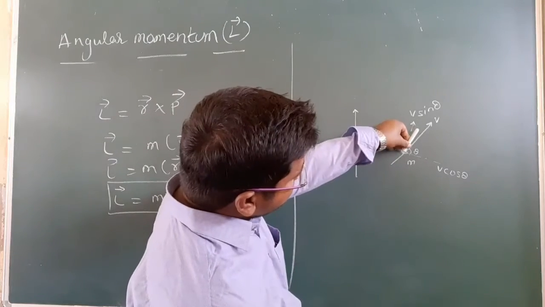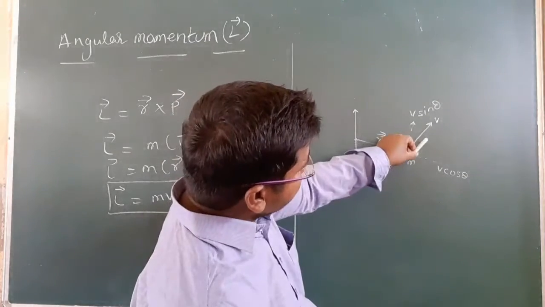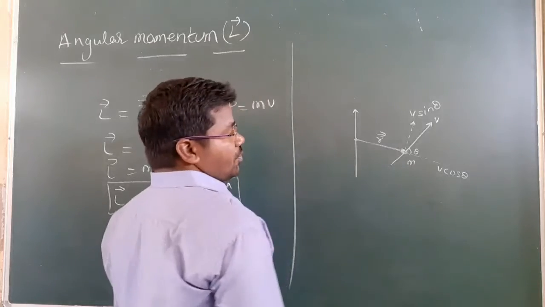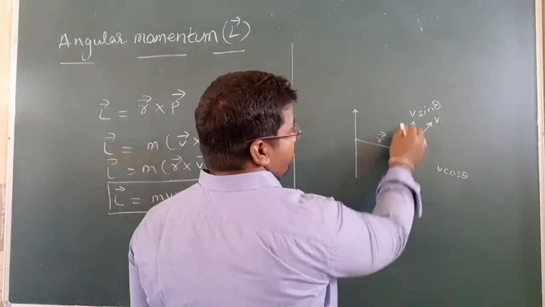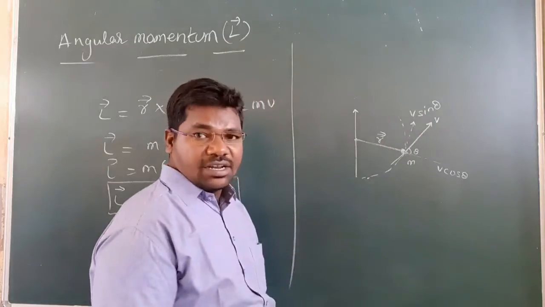The projection of the velocity vector along horizontal is v cos theta, and along vertical is v sin theta. The particle is moving in a circular path.